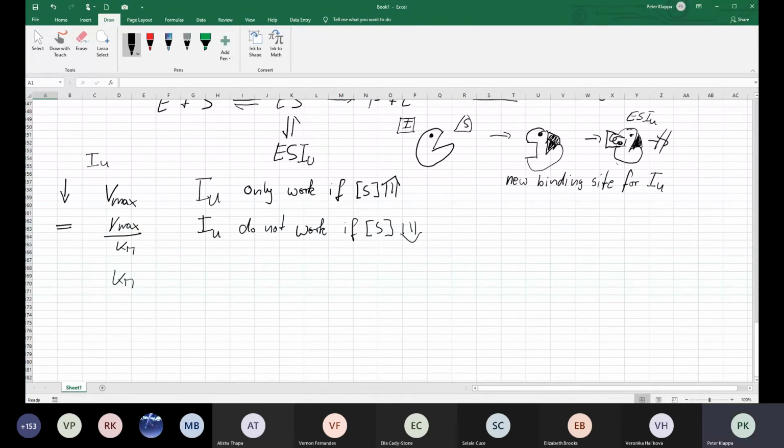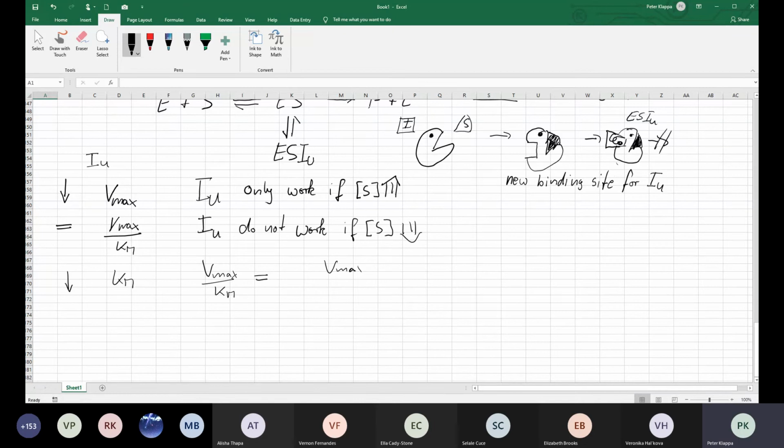Edith, we come back to that question next on Friday. Km, in order to give us this picture, also has to go down exactly the same way as Vmax, because we said Vmax over Km should stay the same.